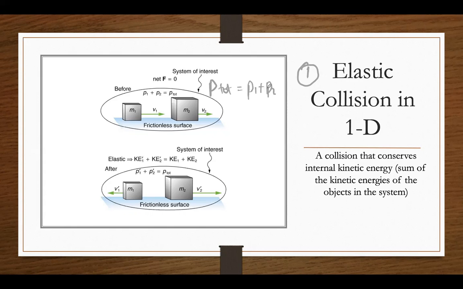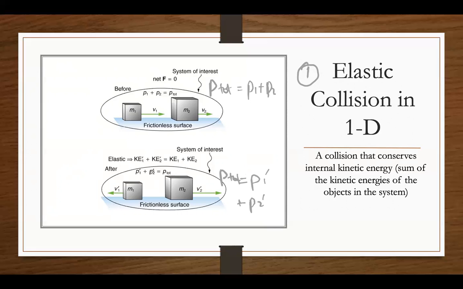We learned that from the last one. Okay, so from conservation of linear momentum, this is going to be the same as the total momentum after the collision. Okay, so these two should be equal, first of all.